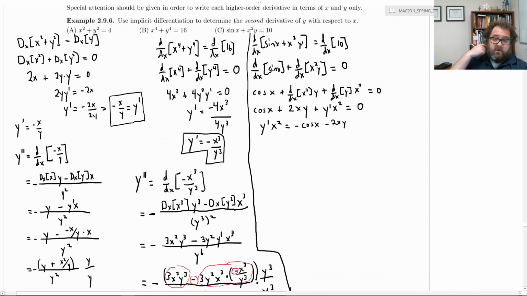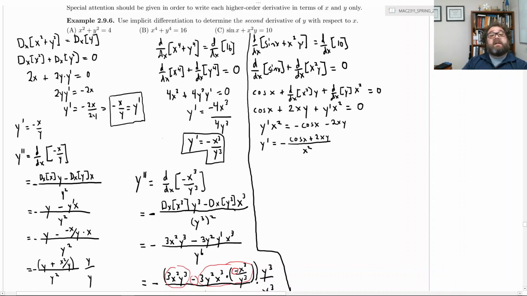Okay? And now to solve for y prime, we divide both sides by x squared. So y prime equals, in fact, I'm going to do the same thing I did on the previous problem. Since both of those terms are negative, I'm going to factor out a negative sign and say it's negative cosine x plus 2xy. Just, there's less negatives to worry about. Okay, of course, over x squared.